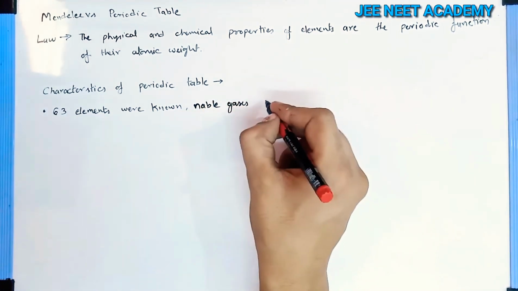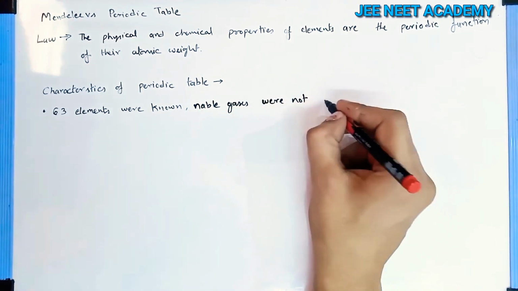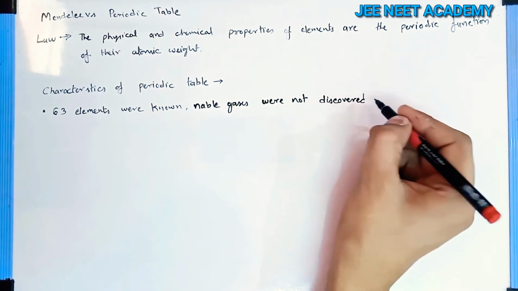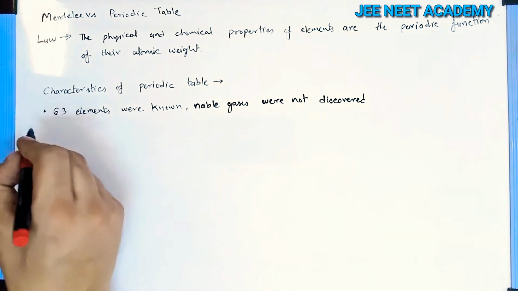And he was the first scientist to classify the elements in horizontal rows and vertical columns.